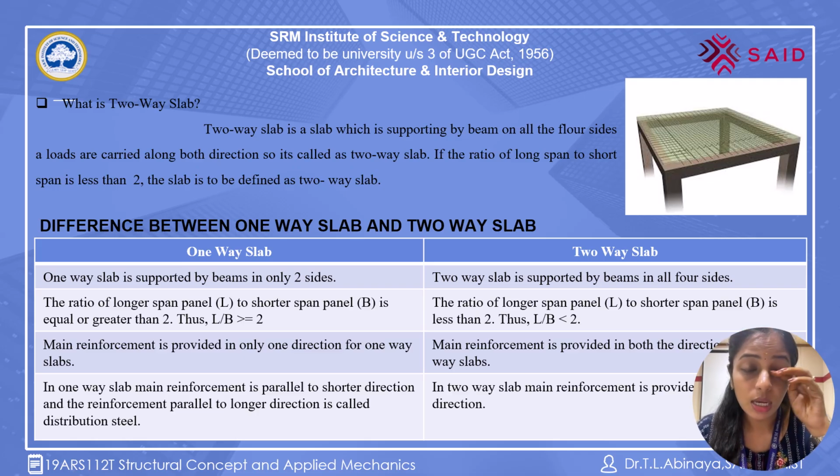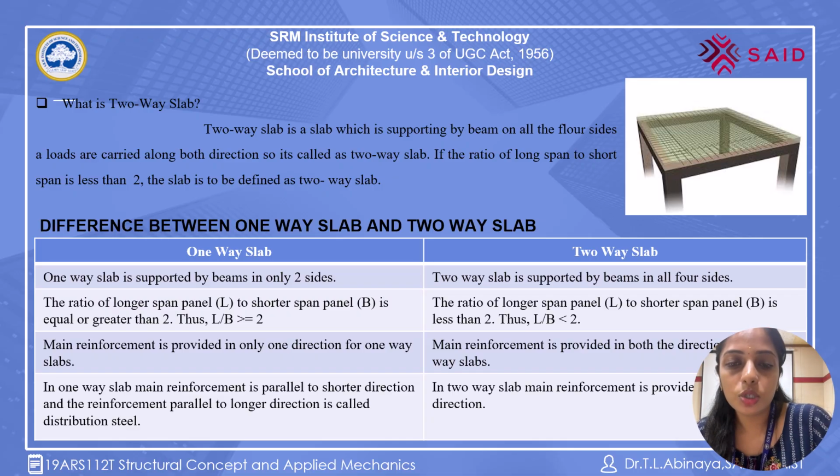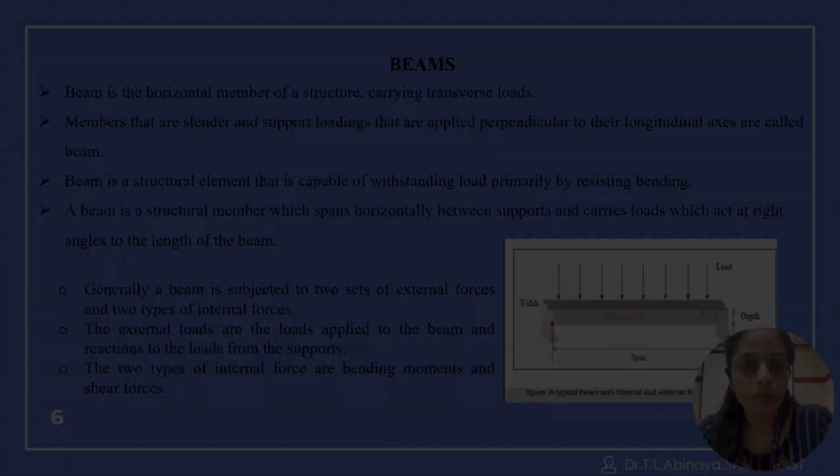The main reinforcement provided in only one direction is called a one-way slab. The reinforcement in both directions is called a two-way slab. In a one-way slab, the main reinforcement is parallel to the shorter direction, and the reinforcement parallel to the longer direction is called the distribution steel. So these are the main differences between the one-way slab and the two-way slab.